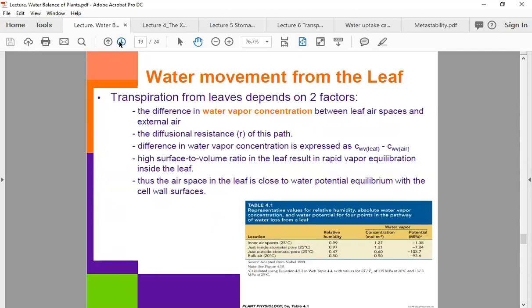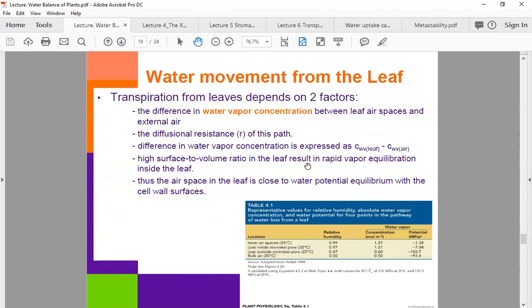Okay, we'll move on a little bit more. Still on transpiration, loss of water from the leaves. Transpiration depends on a couple of different factors. Of course, the difference in water vapour concentration between the air spaces in the leaf and the air external to the leaf.